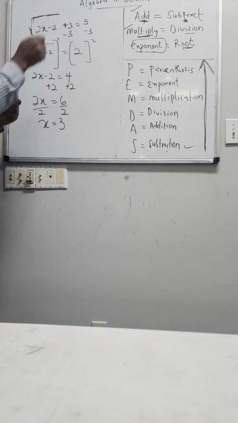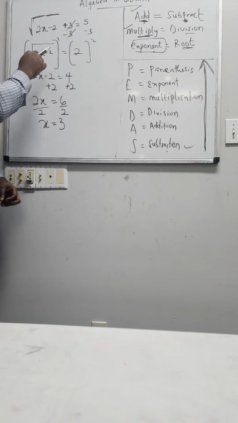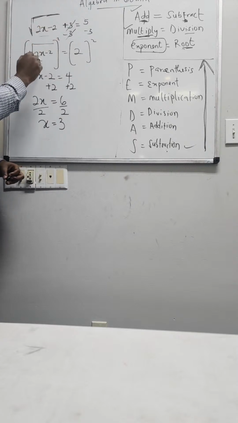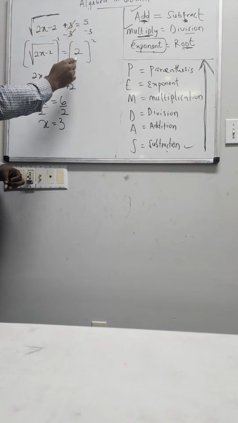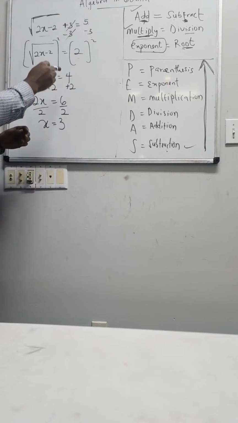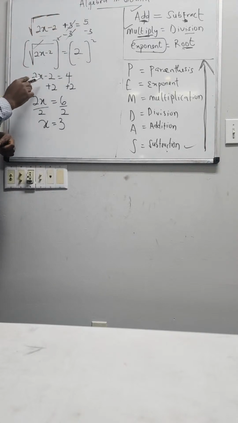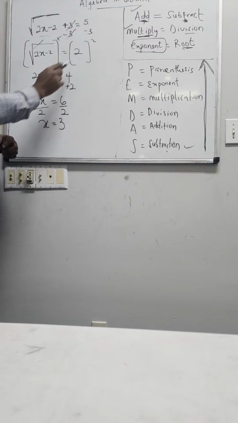So this cancelled out. And here we have this equals to 5 minus 3, which is 2 squared. And with that, the square root cancels the square. We have this equals to 2 squared, which is 4.